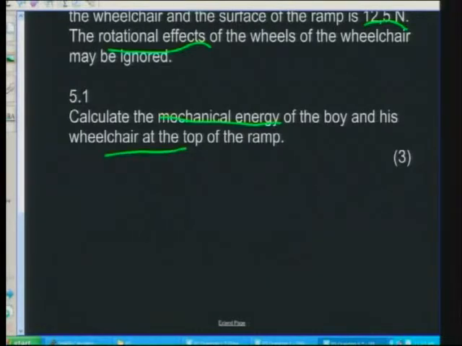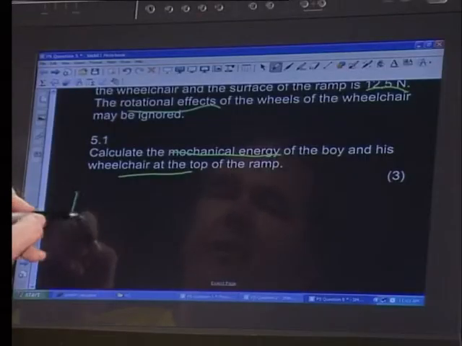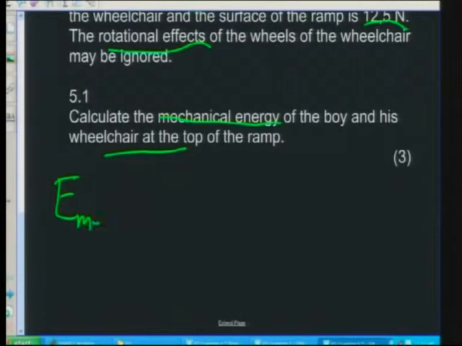Now, what's very important here is you've got to use the formula that you're given on your data sheet, and you've got to use it completely. Don't just think up a new formula. Use the correct formula. What do we know? We know that the mechanical energy, in any case, is equal to the potential energy plus the kinetic energy.